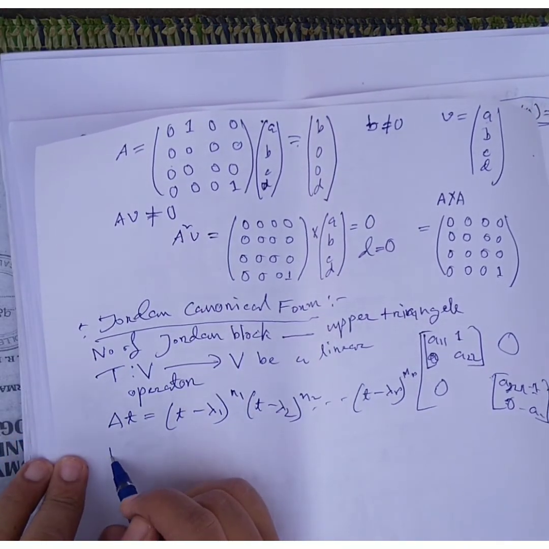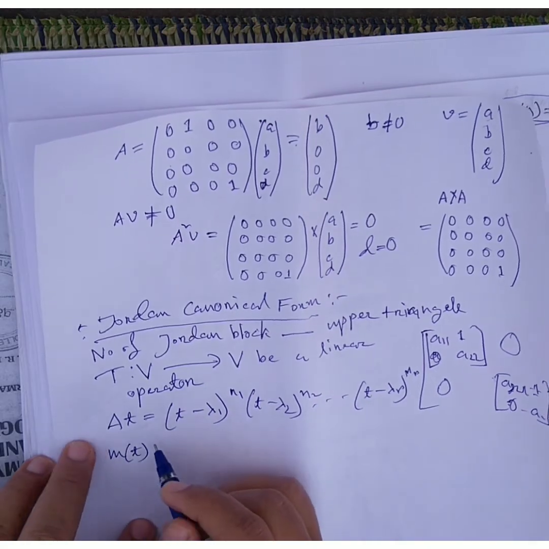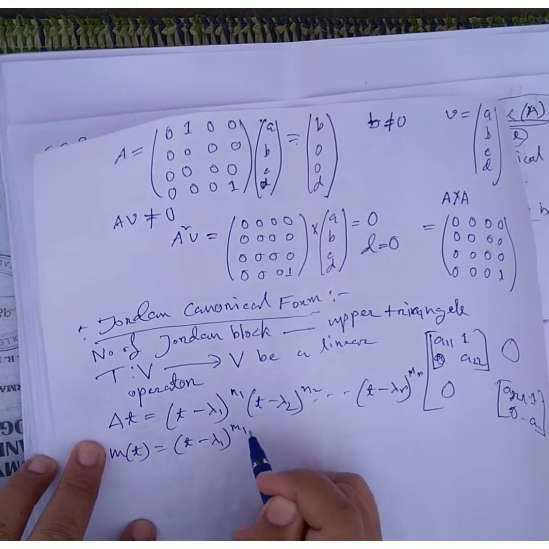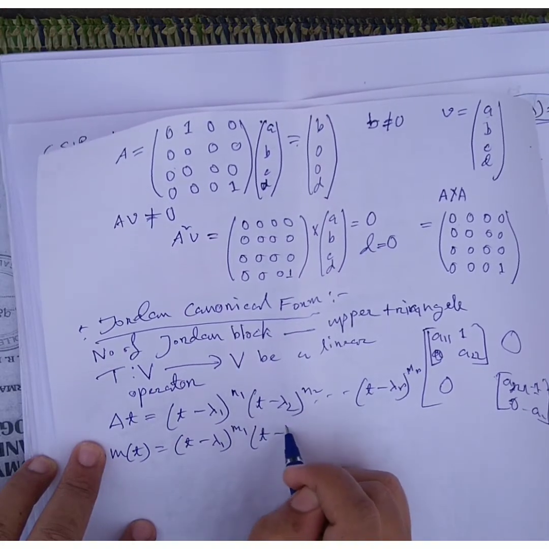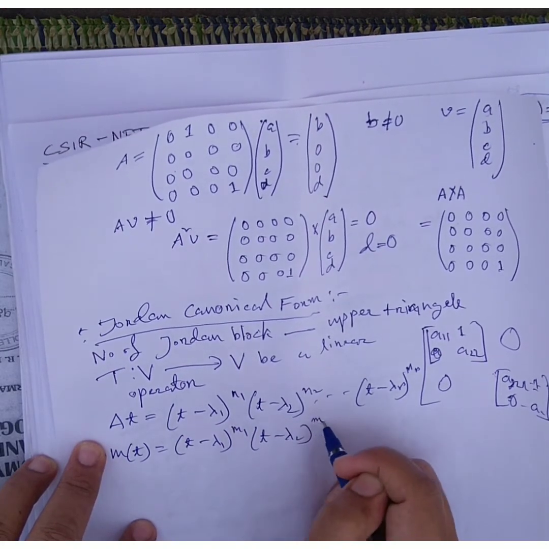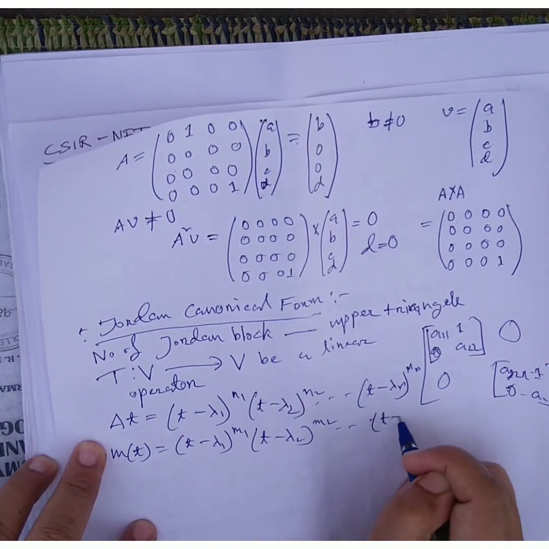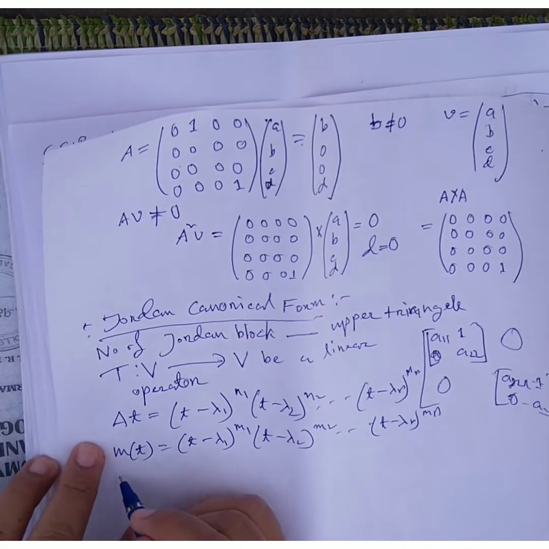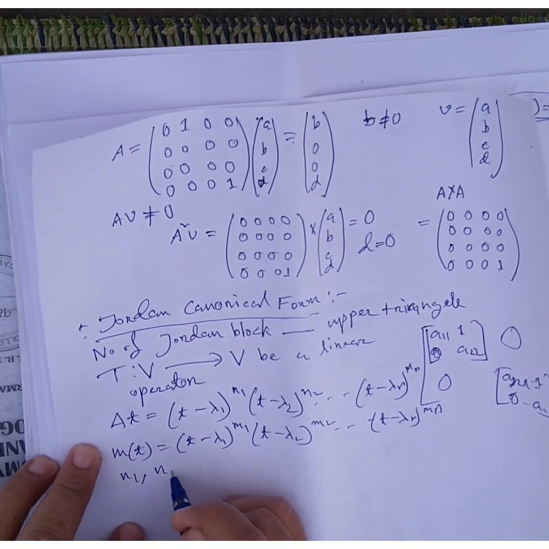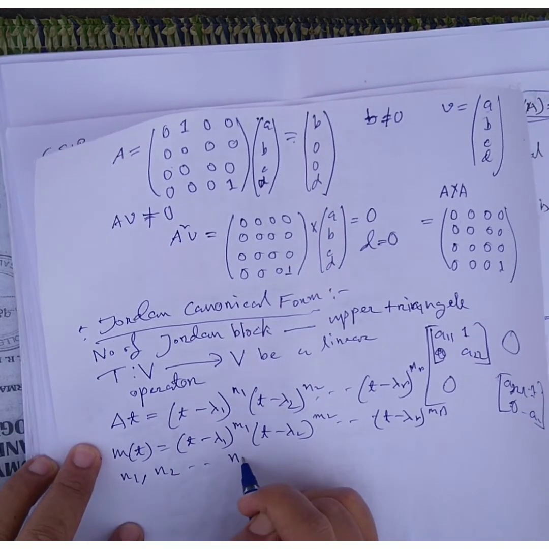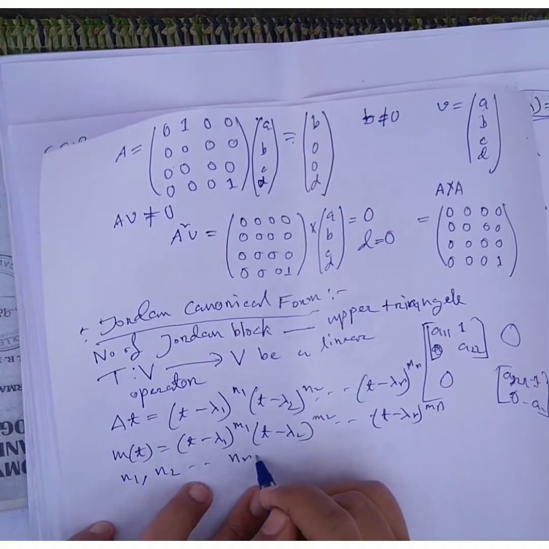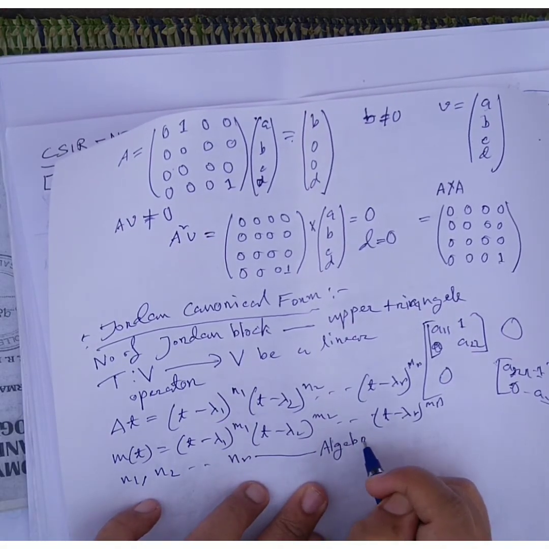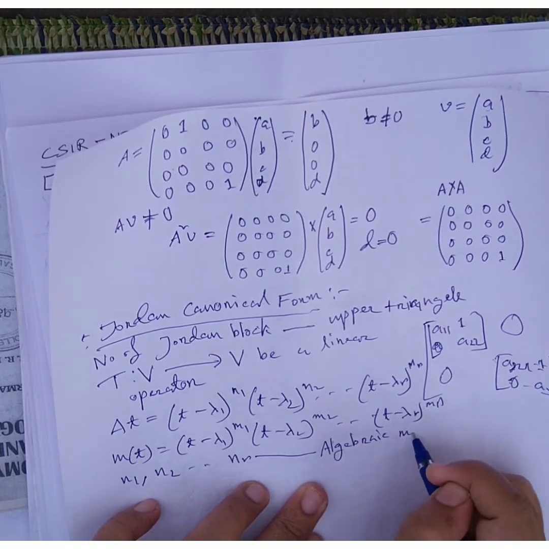And MT, the minimal polynomial, is equal to (T minus lambda 1) to the power m1, (T minus lambda 2) to the power m2, (T minus lambda r) to the power mr, where n1, n2 up to nr are the algebraic multiplicities.